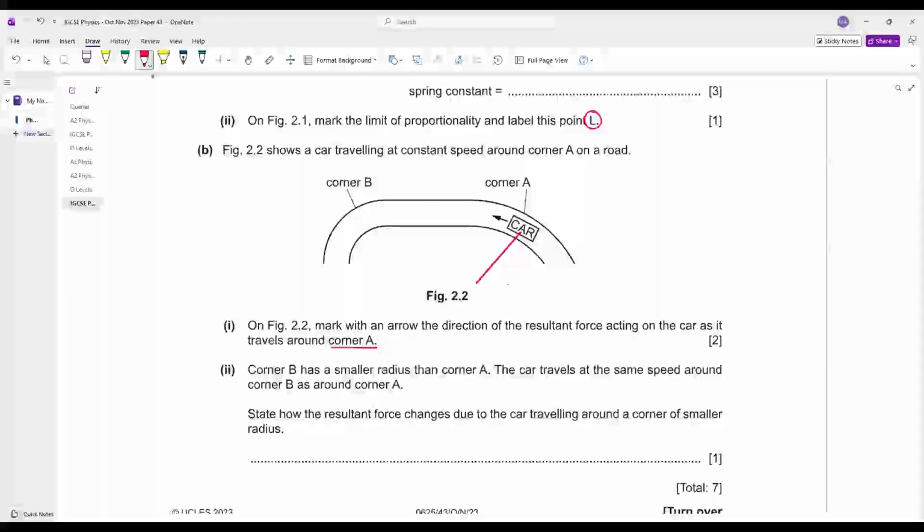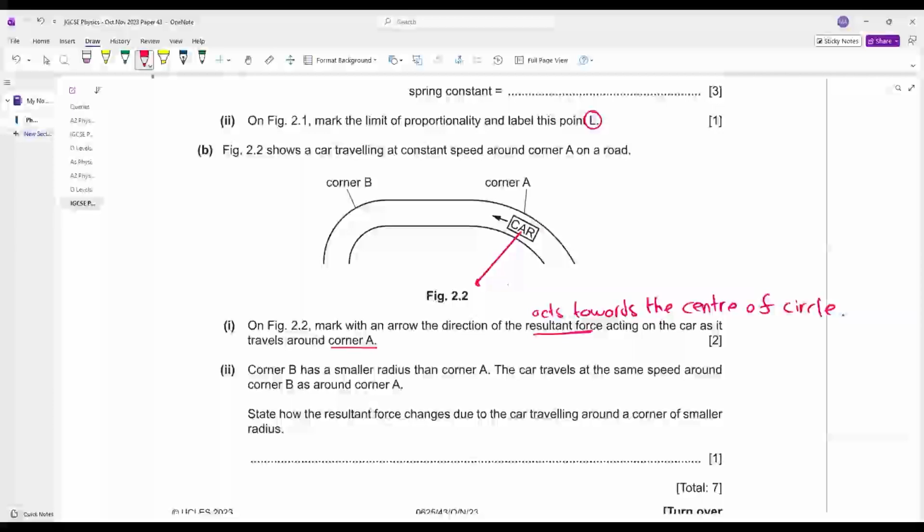Resultant force acting on the car whenever you are moving in a circle is towards the center. बेटा जब भी आप सर्कल में मूव कर रहे होते हो your resultant force acts towards the center of the circle.